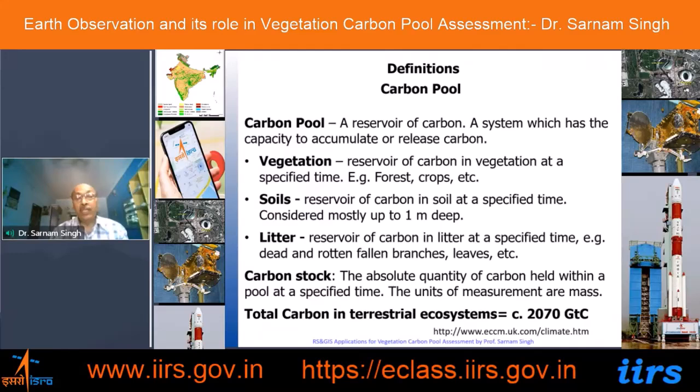So we'll talk about the vegetation. They say roughly 2070 gigatons of carbon is available in terrestrial ecosystems. Let me tell you, friends, this number keeps varying and changing, because as knowledge improves, the figures also keep changing. But roughly you can say this much is the carbon pool here.